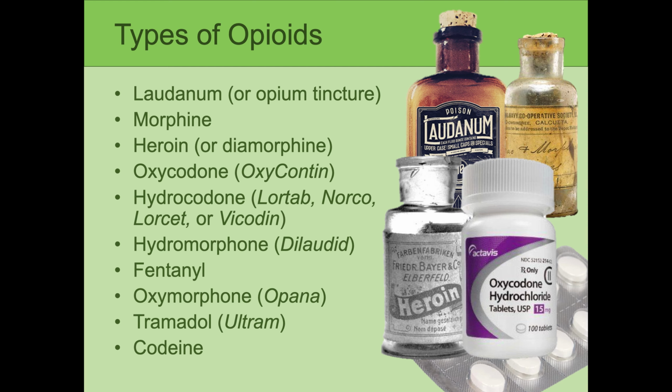These include things like heroin, which is an illegal substance that is usually categorized as a street drug. It's not something that's going to be prescribed, but there are also prescription drugs like oxycodone or hydrocodone. Most individuals who become addicted to or begin using heroin started off with a prescription medication.